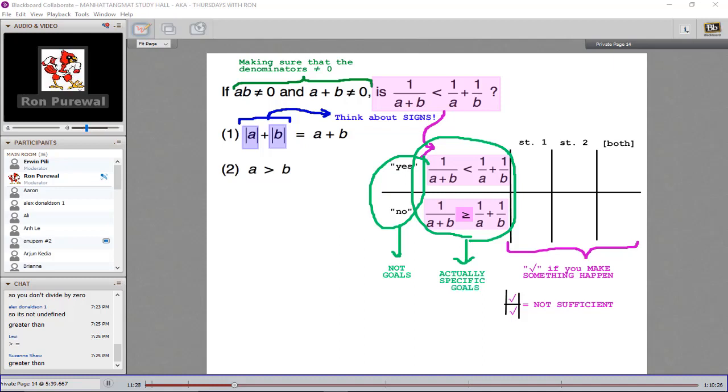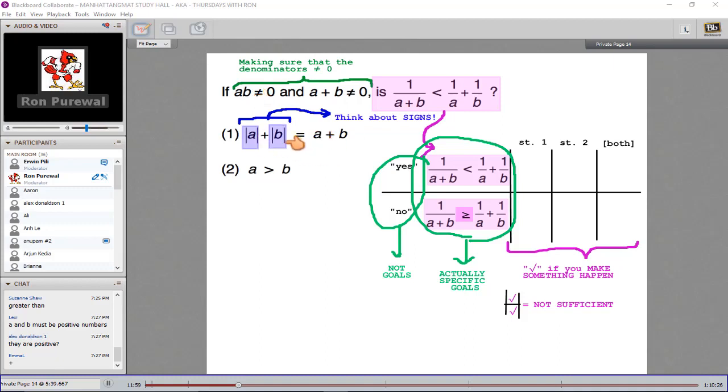Let's do it. What does statement 1 mean? Yeah, if you think about statement 1, you've got to think about positive, negative, and 0, but here you don't because they rule out 0.